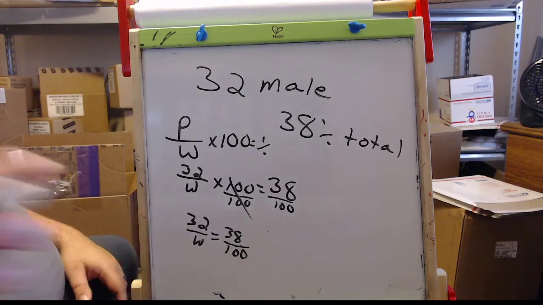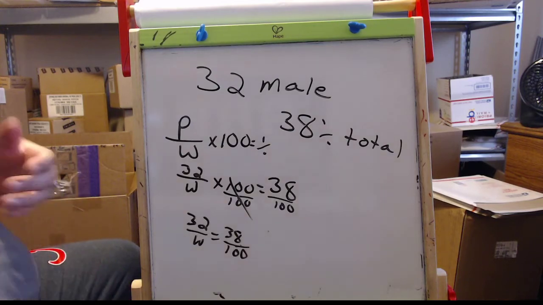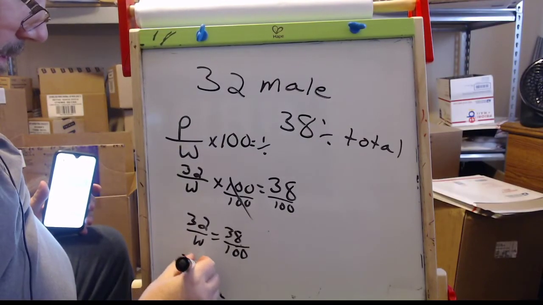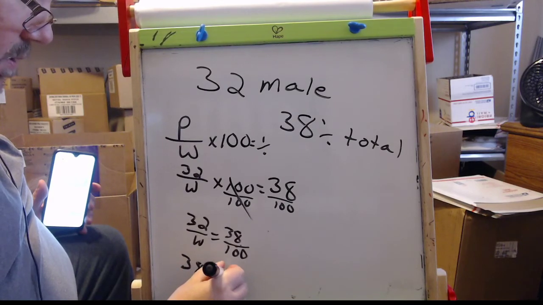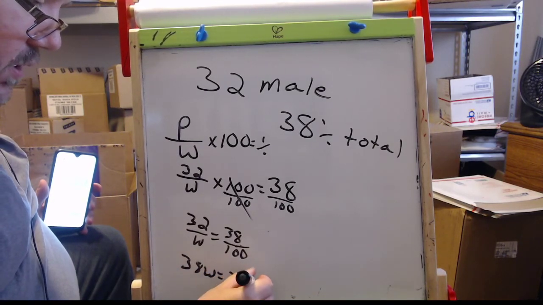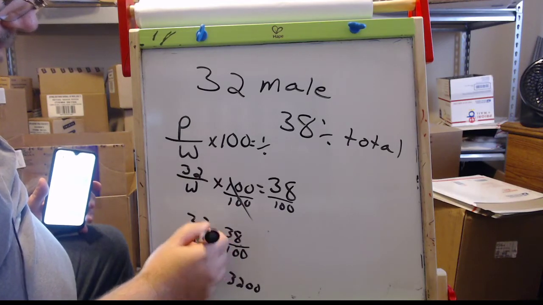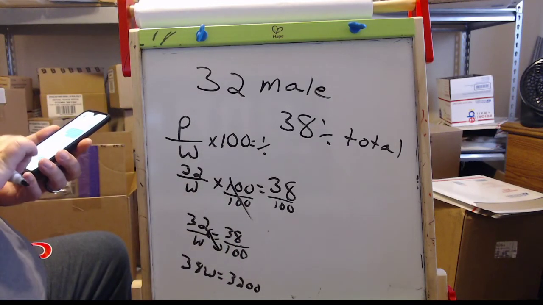Now we cross multiply. This one doesn't work out as easy as the other one. I'm going to have 38W equals 3200. Okay, so cross multiply.